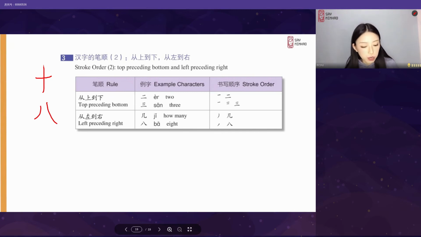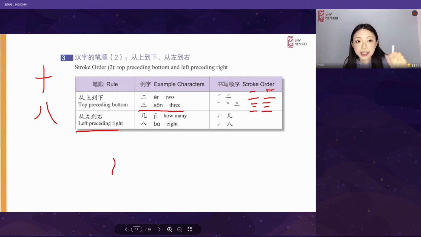Actually, I talked about it before, right? So top to bottom. First, like 二, which means 2. It is top to bottom. And when I want to write this character 三, it is still the same, top to bottom. The same.